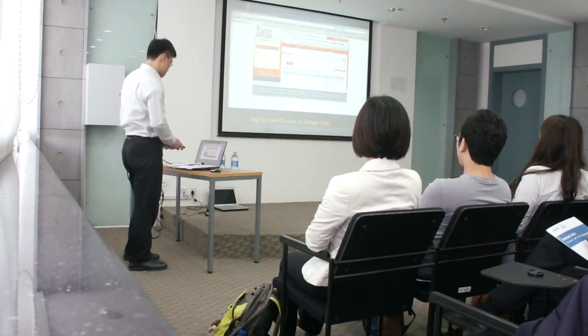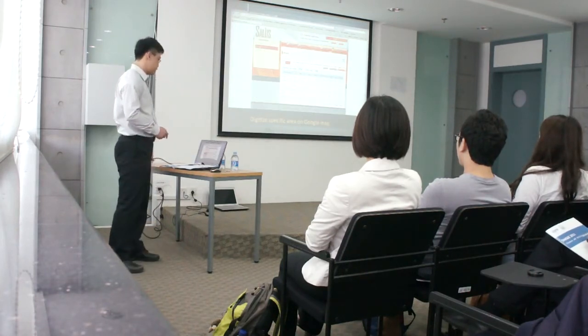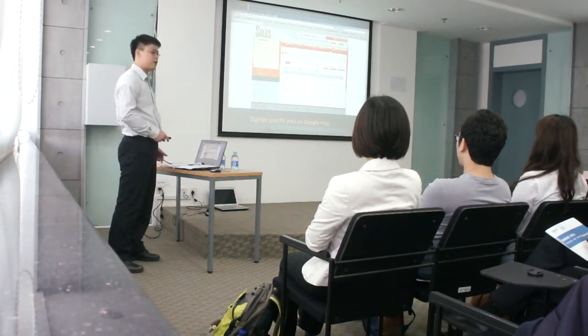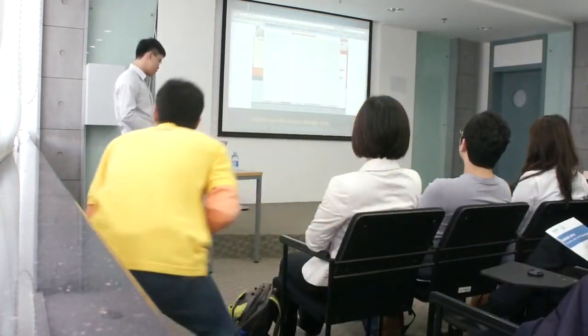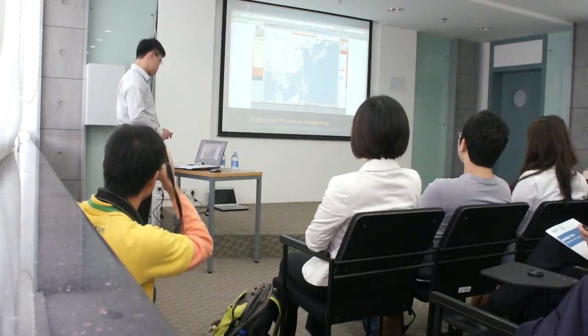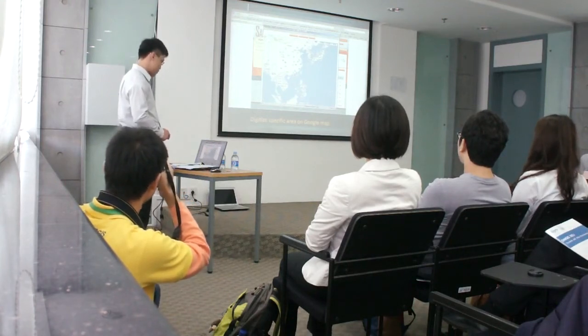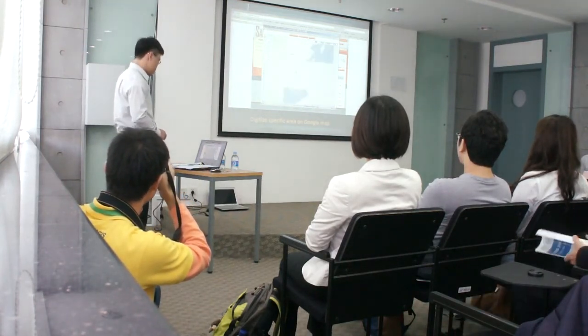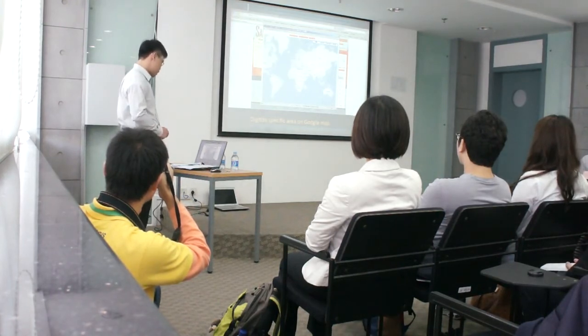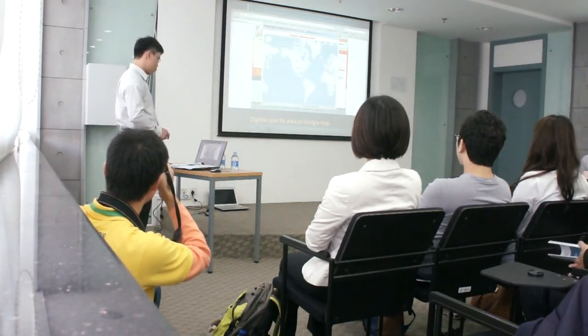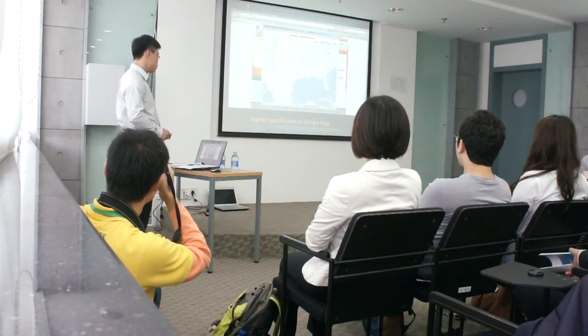Okay, if a user cannot provide spatial data, or is not familiar with GIS, they can digitize a specific area on Google Maps in this platform. Users can take advantage of Google Maps, which has satellite imagery worldwide.